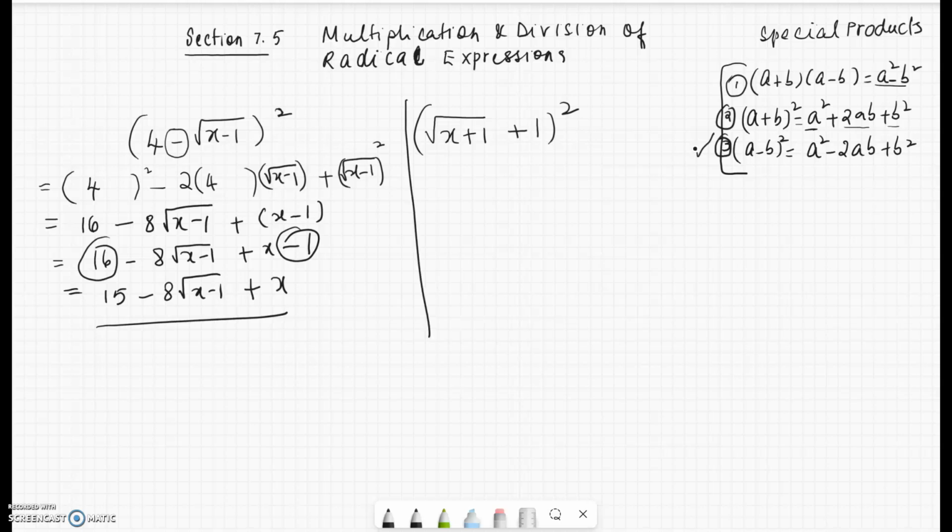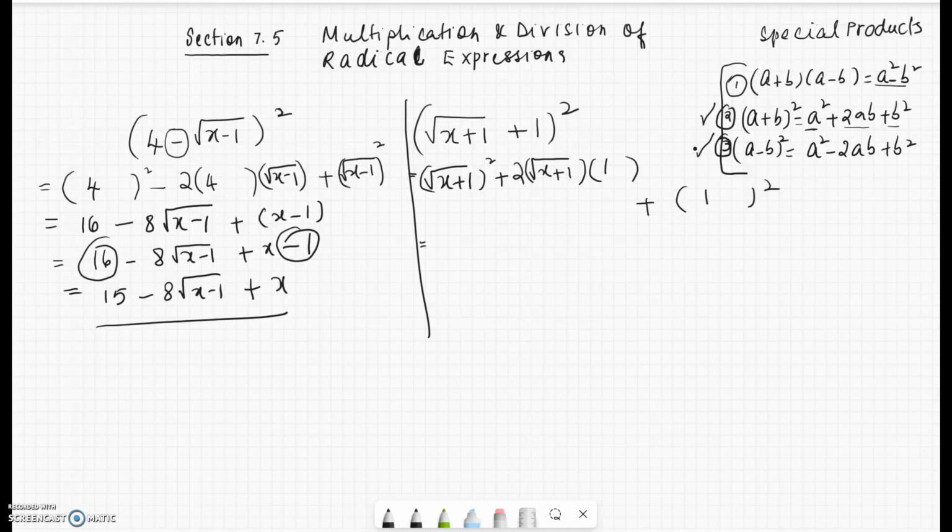Now same thing here. It's again one of the special products, a plus b the whole squared. I'm going to use the second formula, which says square the first, plus twice the product of the two terms, plus square the second term. So radical x plus 1 the whole squared, plus 2 radical x plus 1 times 1, plus 1 squared.